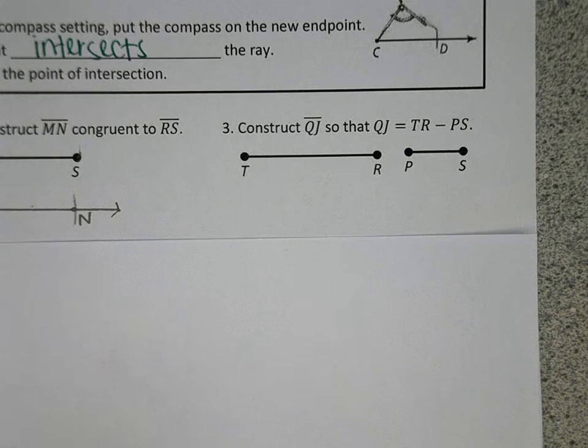Construct segment QJ so that QJ is equal to TR minus PS. First of all, if I wanted you to make a segment that was TR plus PS, could you do it? How would you do it?